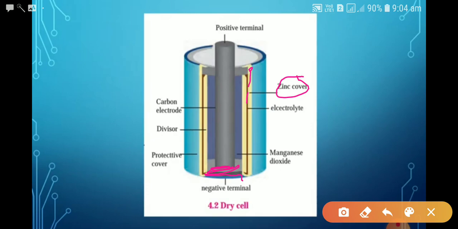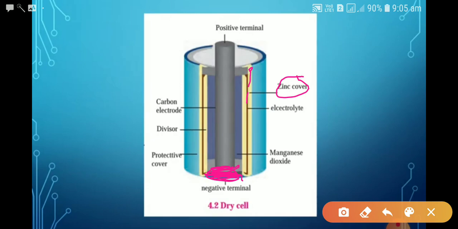This is the negative terminal of the cell. A whitish paste you will see. A zinc metal plate you will find at the bottom of the cell, and that zinc metal plate is called the negative terminal of the cell.